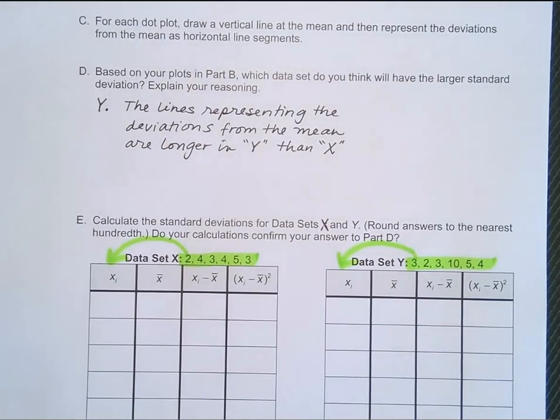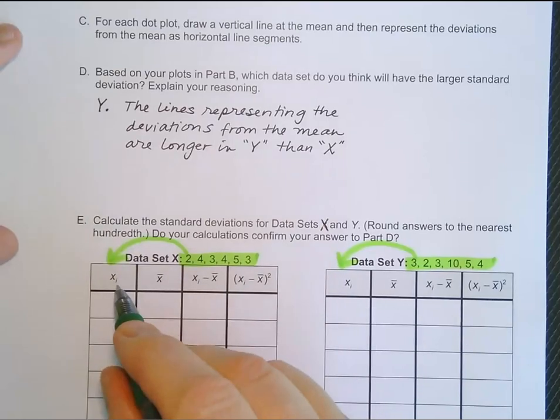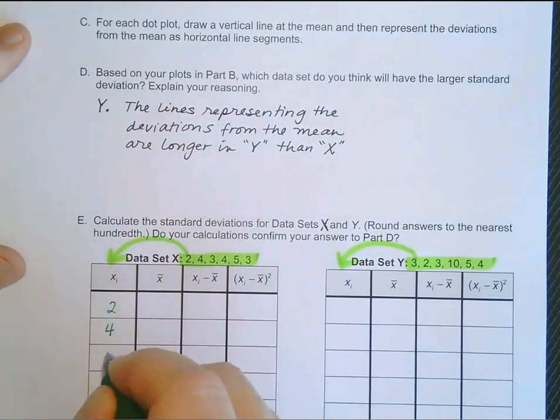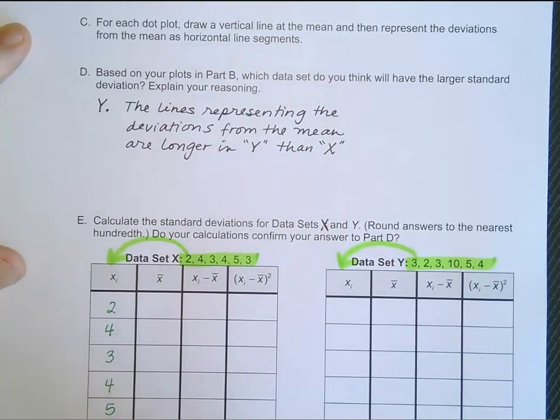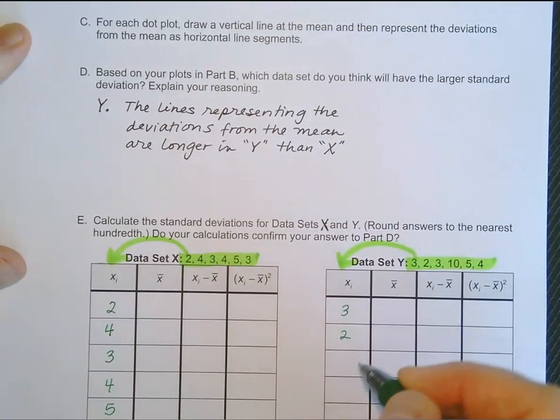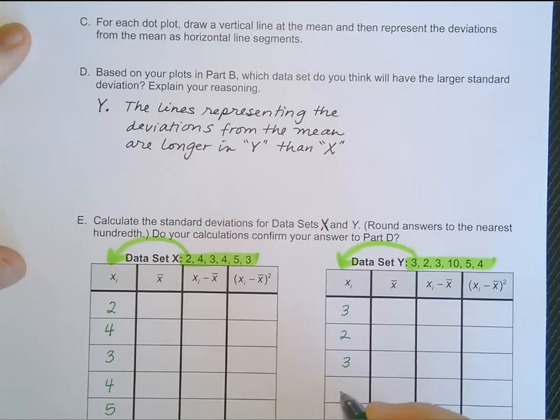Okay, so taking the data, x sub i is each piece, so it's the 2, the 4, the 3, the 4, the 5, and then the 3. And then for this one, it's 3, 2, 3, 10, 5, 4.